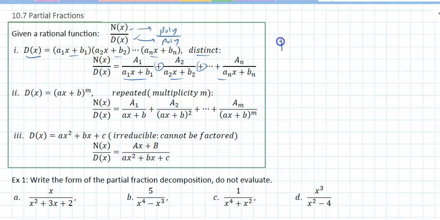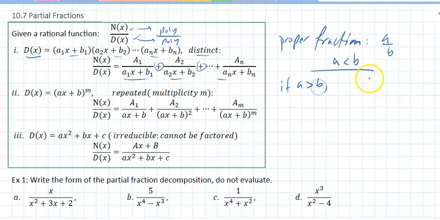If you recall, a proper fraction a over b, of course b can't equal 0, is where a is less than b. If a is bigger than b, then we could write a over b as c and some d over b, as a mixed number.